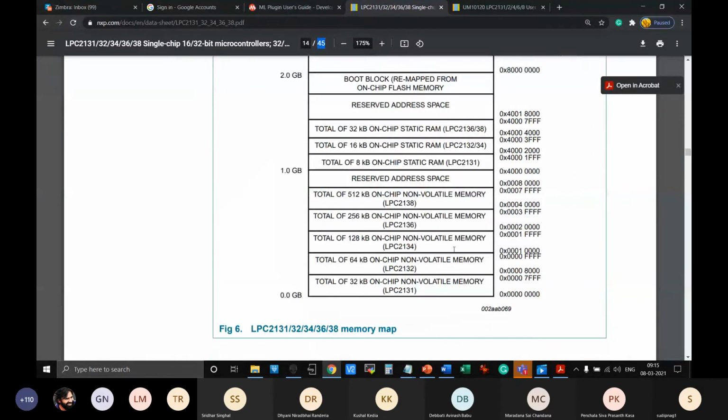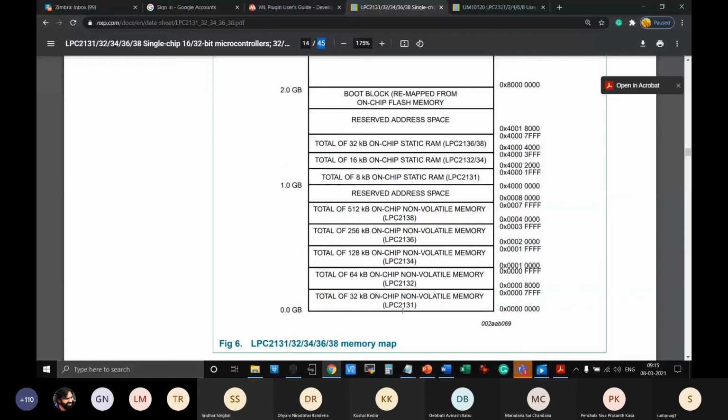Okay, now let's look at it from this memory map point of view. Let's start from the 0 memory location onwards. LPC2131 has 32 kilobytes, so obviously it goes up to 7FFF location. But as I said, we are more interested in 2138. The 2138 has memory for code, which is non-volatile memory or flash memory, from 00 until 7FFFF.